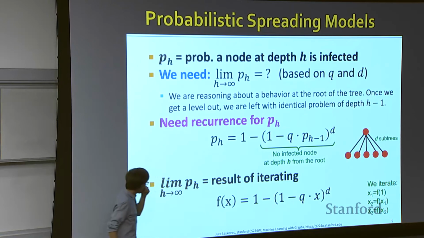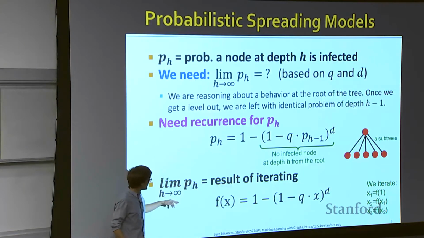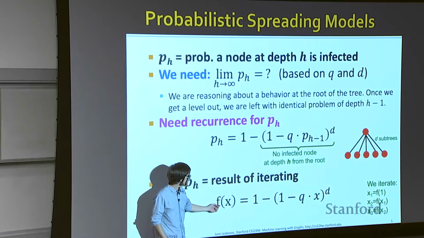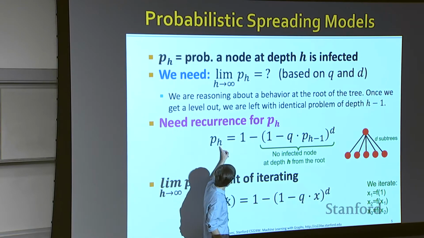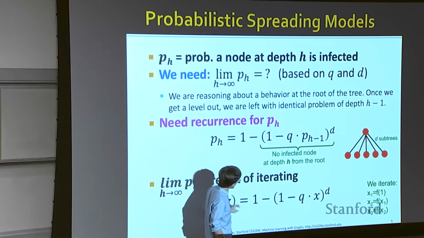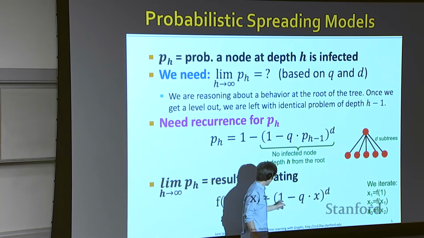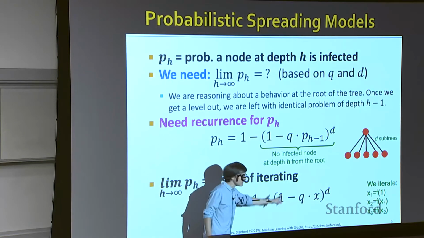Okay, so now what is this limit of p of h as h goes to infinity? It's a result of us iterating this equation, right? Where f of x, which is p of h, is whatever I had at the previous level times q, 1 minus that, raised to the power d minus 1, and I'm essentially iterating this equation.